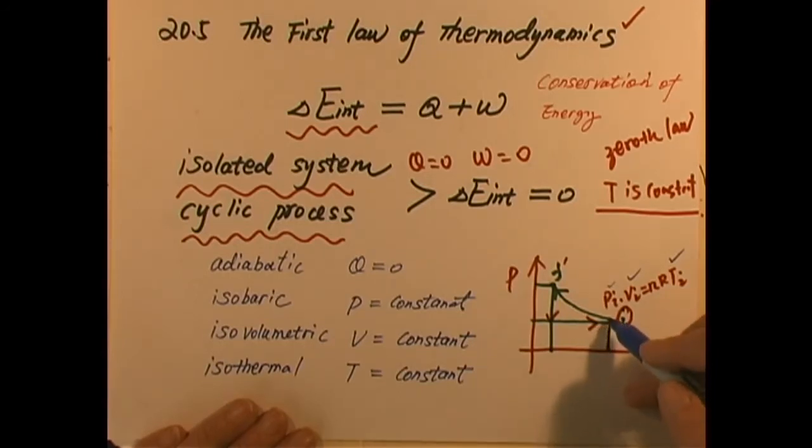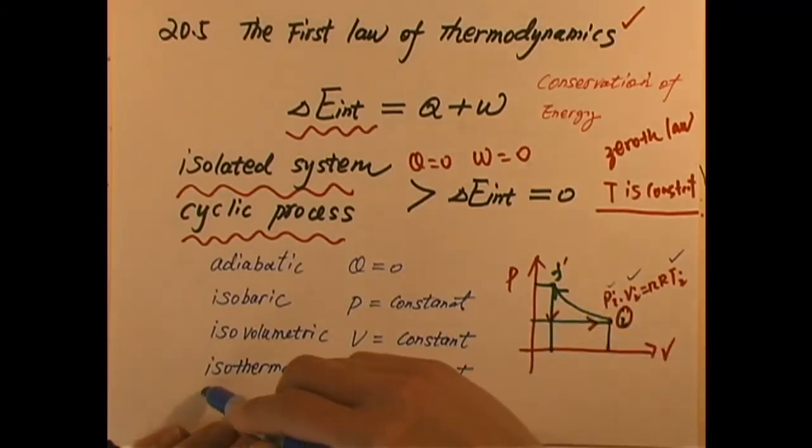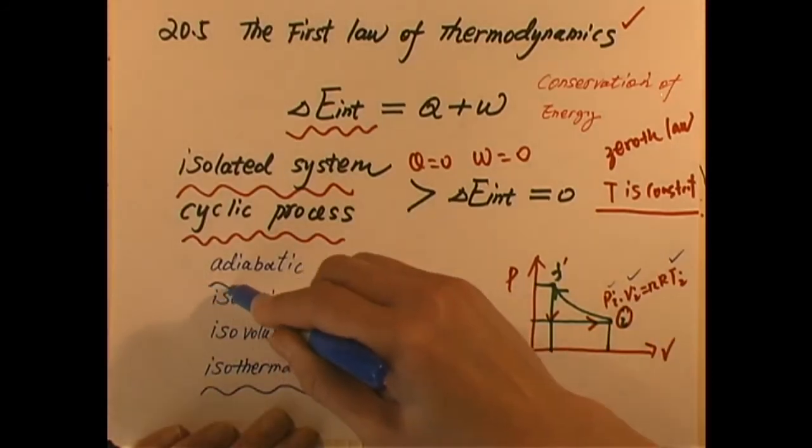Now, for initial to final, this curve could be, as a matter of fact, isothermal, which means constant temperature. If we submerge this container in a temperature reservoir, that keeps the same temperature. Also, it is possible we do it really quickly from initial to final, we push the piston down really quick. It could be so-called adiabatic.